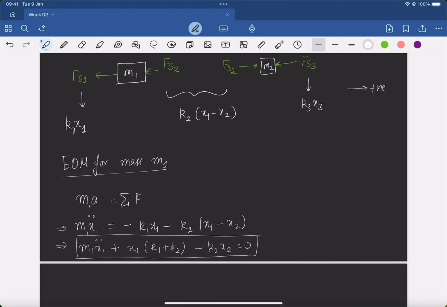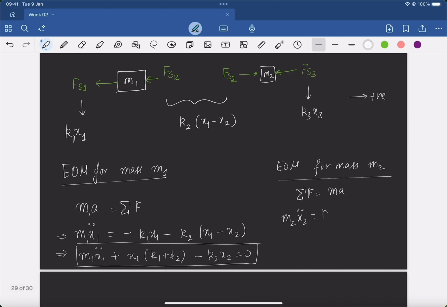Similarly, I can write the equation of motion for mass m2. Summation of F is equal to mass into acceleration. So here again, m2 into x2 double dot is equal to, so the spring force from S2 is acting to the right hand side, in the positive direction. So I can say k2 into x1 minus x2, and the spring 3 is acting in the left direction, so minus k3 into x3, or sorry, x2.